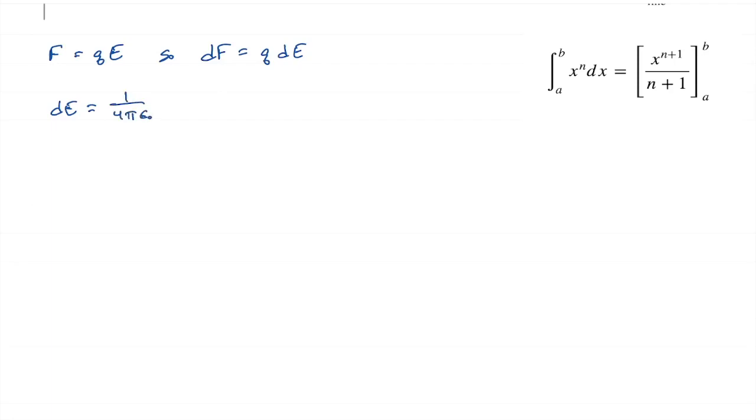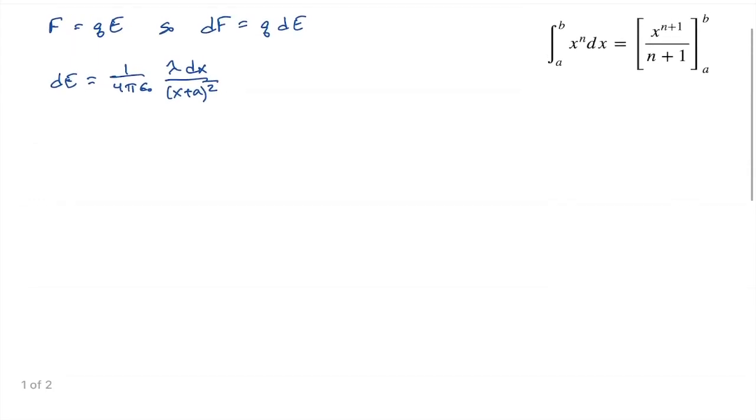And then we're going to have a lambda, and instead of dl, we're going to have dx because the charge is along the x-axis. Then we'll have the quantity x plus a, and that will be squared. Okay, and so now if we multiply that by q, we will have dF.